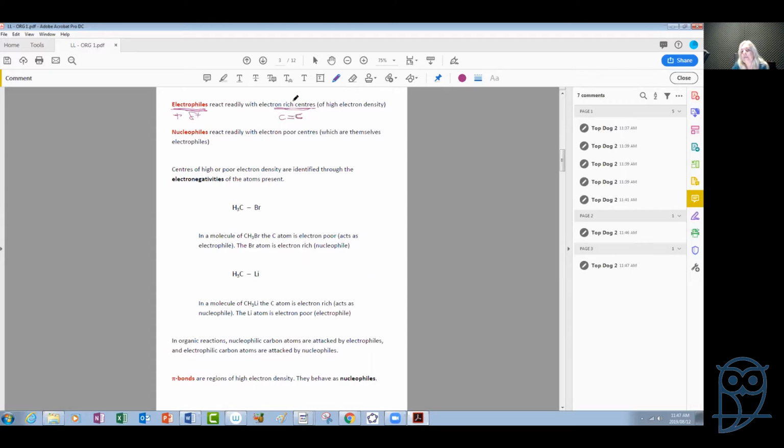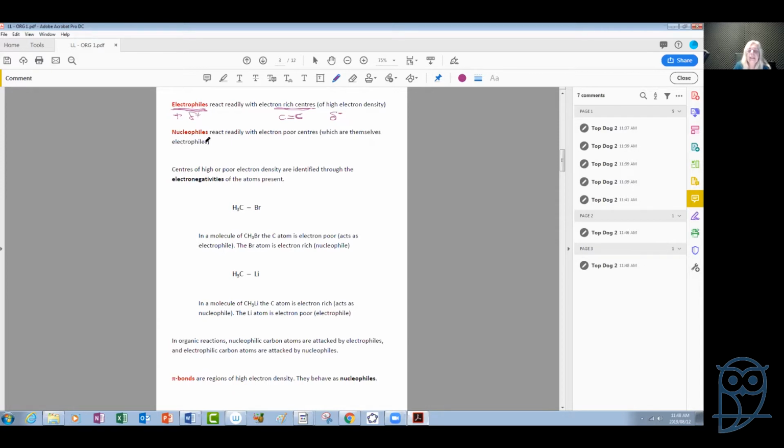Or another electron-rich center could be in a compound where some species has a partial negative charge. We are going to see such things. And these electrophiles react readily with these electron-rich centers. Remember, electrophiles love electrons because they have a positive charge or partial positive charge.